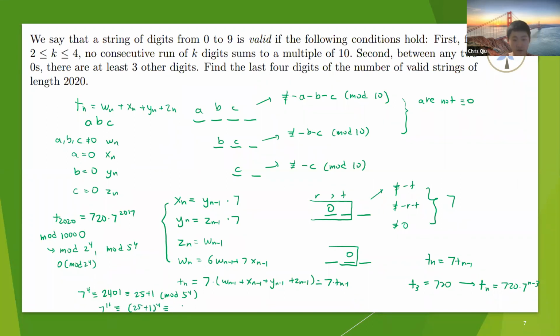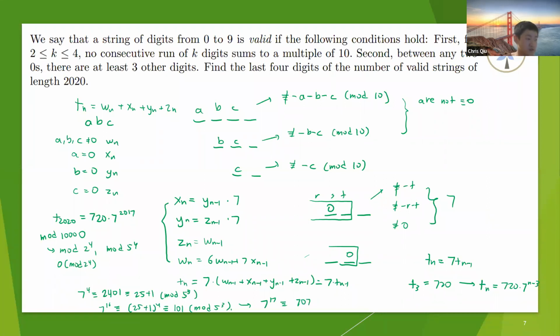And this is congruent to 101 mod, this is mod 5 cubed, not 5 to the 4th. And then we can continue to find that 7 to the 17th power is congruent to 707. And we're just going to leave that as is for now.